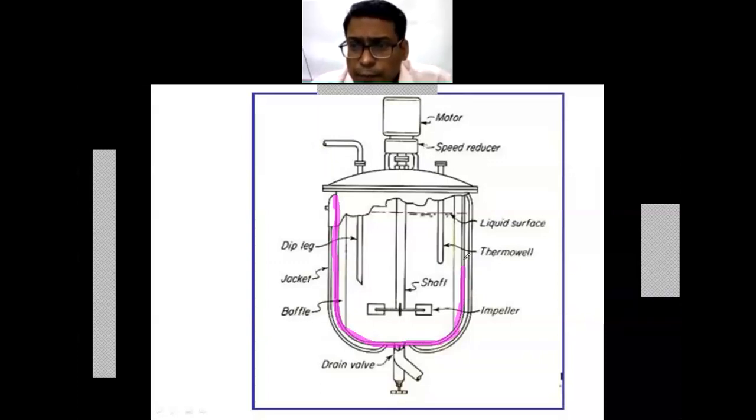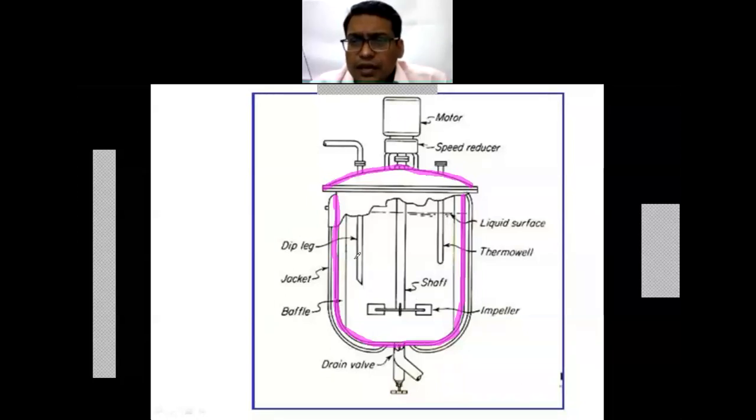With a certain purpose, all these accessories are there. This is the basic vessel which I have shown here. Then next is our head. This is the upper head, and there can be a bottom head also. Top head as well as bottom head, the two heads that can be attached to a cylinder.